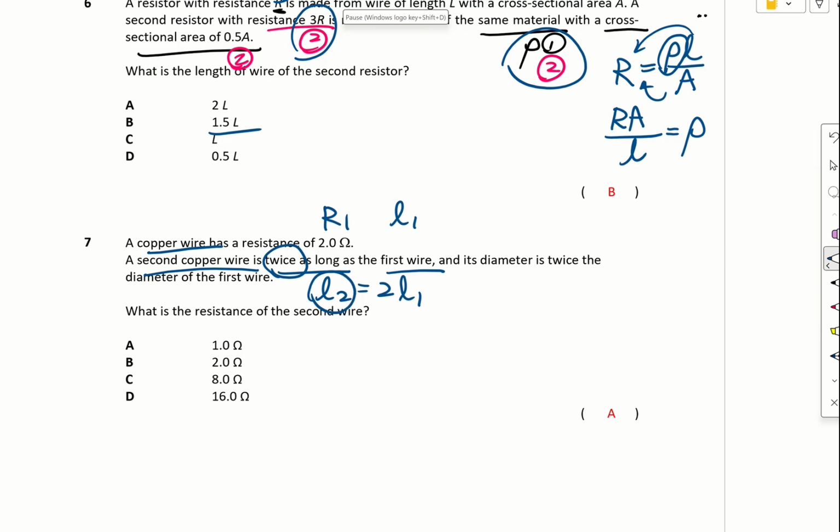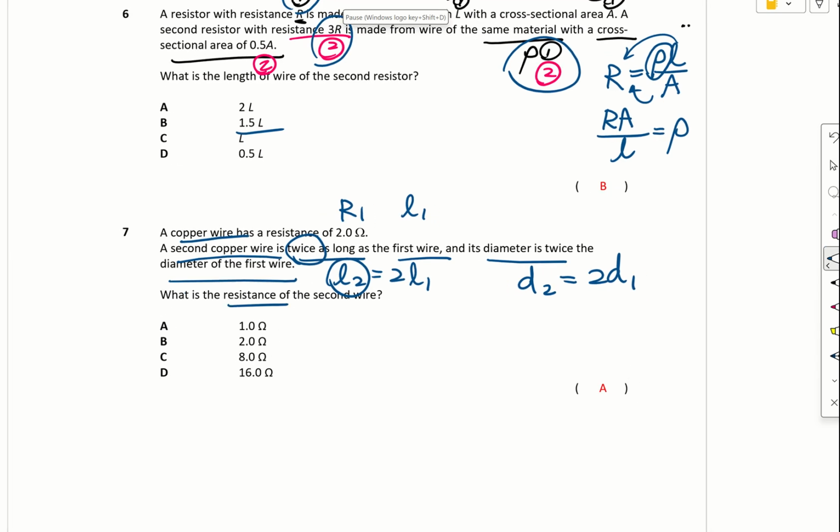Take note, the diameter is twice the diameter of the first wire. So can I say that D2 equals 2D1? They want us to find the resistance of the second wire, which is R2.